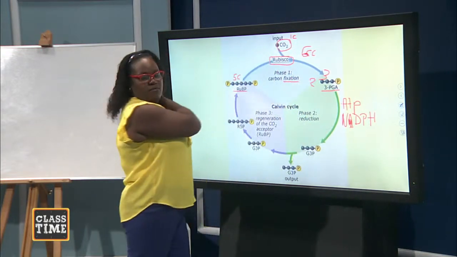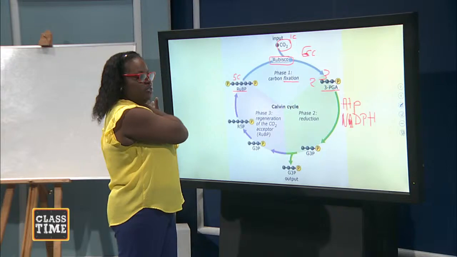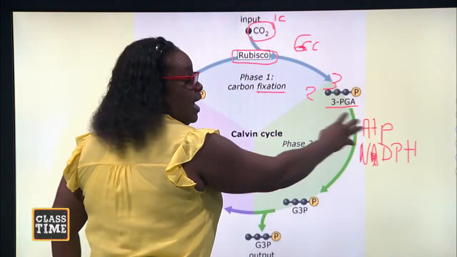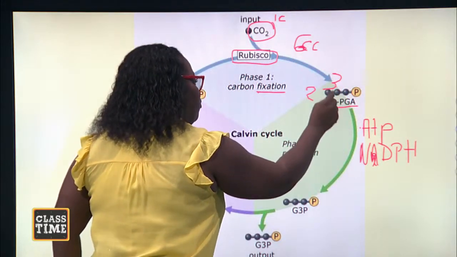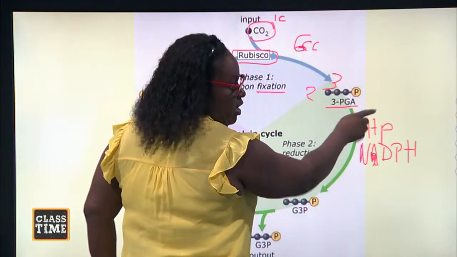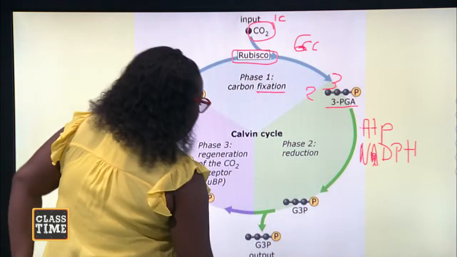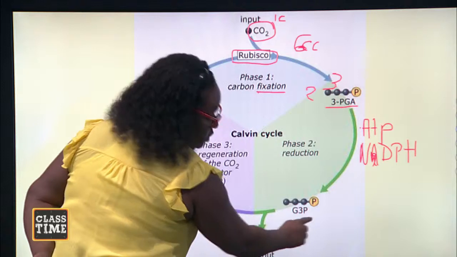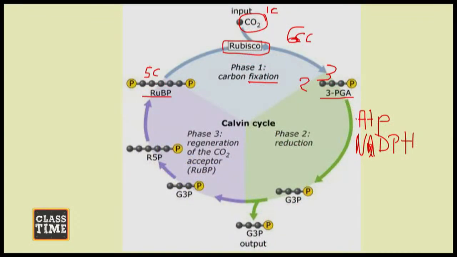from the previous stage of photosynthesis is now utilized here to convert this 3-PGA or phosphoglyceric acid into phosphoglyceraldehyde, sorry.